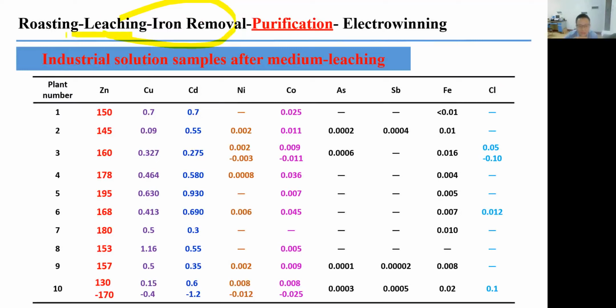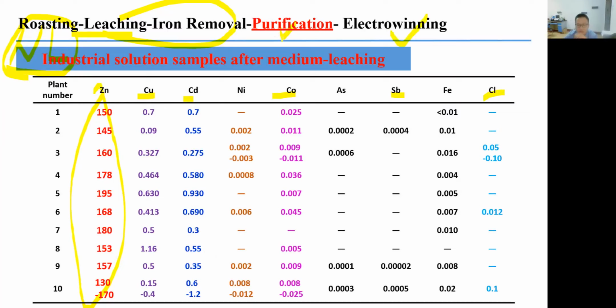And in this neutral leaching process, the leachate contains a certain amount of zinc and certain amounts of copper, cadmium, cobalt, antimony, even some other elements, and they are the raw material for purification and electrowinning.